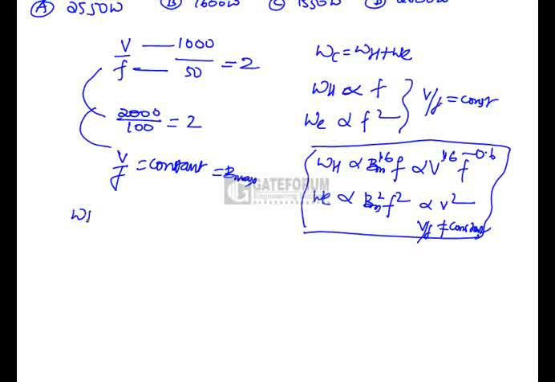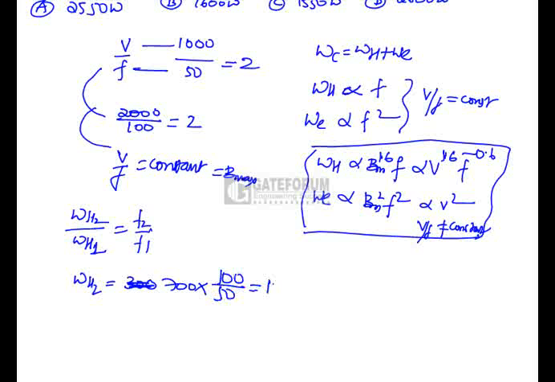So I can write WH2 by WH1 is equal to F2 by F1. What is hysteresis loss 2? Hysteresis loss 2 is equal to hysteresis loss 1, which is 700 watts, times 100 by 50, which is equal to 1400 watts.